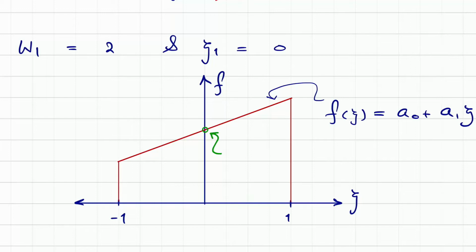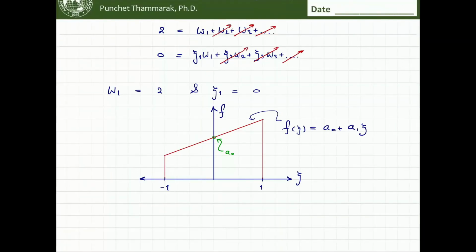This is actually equal to A0. As your C value is equal to 0, your function is going to exhibit the value of A naught, right?